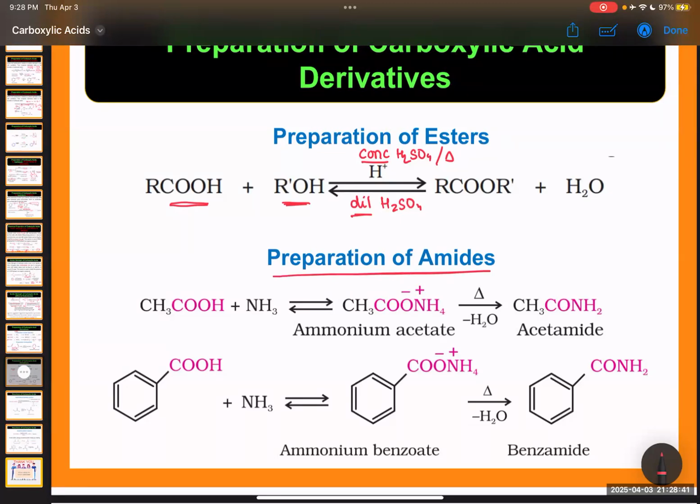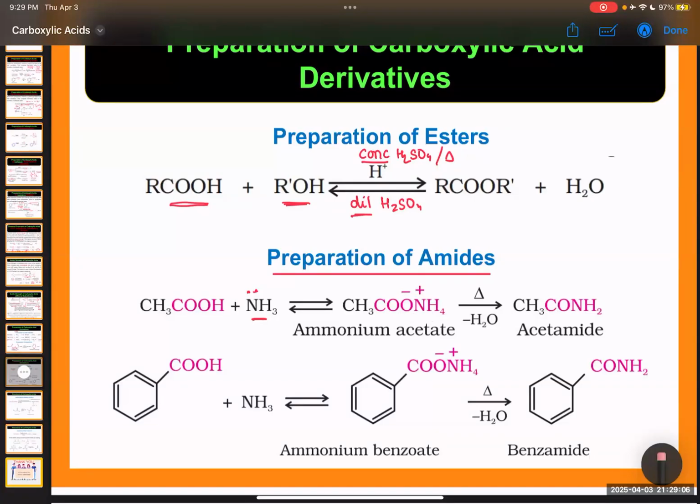Similarly, you can prepare amides also. Amides can be prepared from acid by first reacting with ammonia. If you just react, if you don't heat, you get an ammonium salt because this is just an acid base reaction. The ammonia H plus is going to come in.